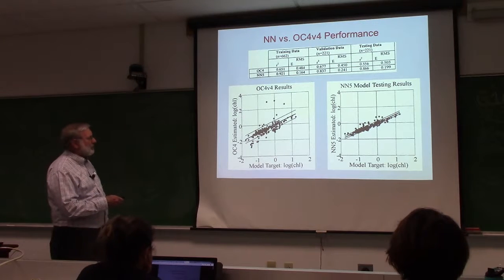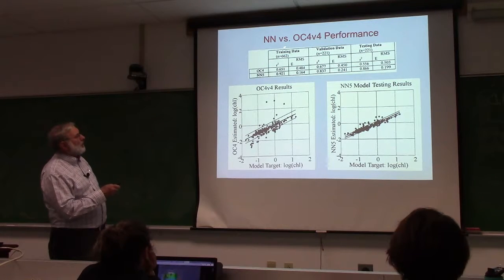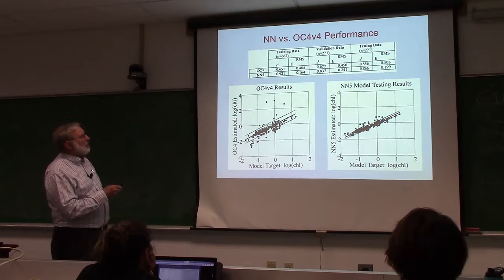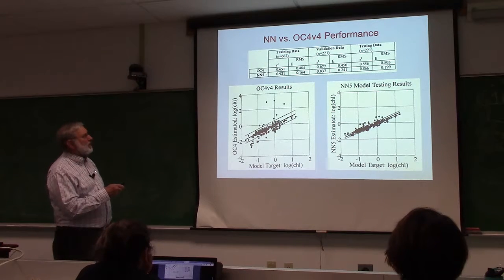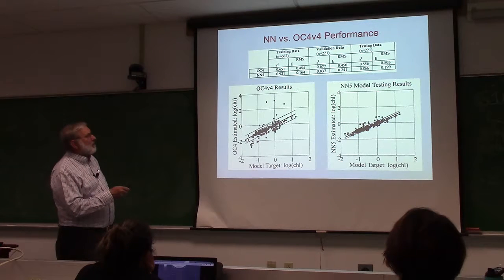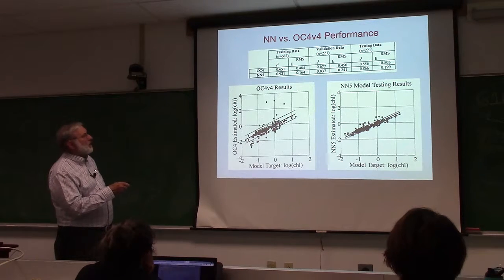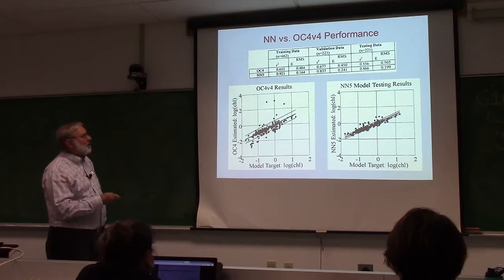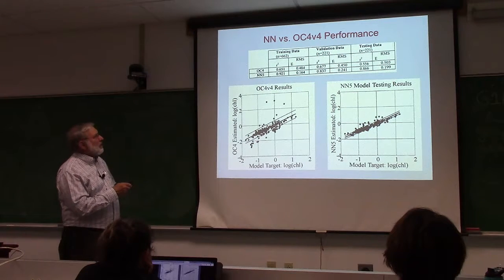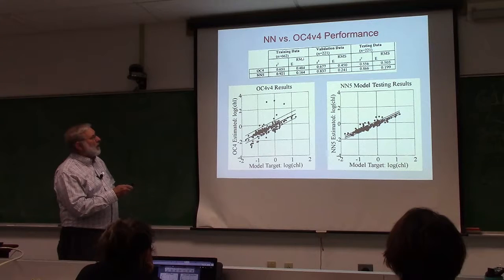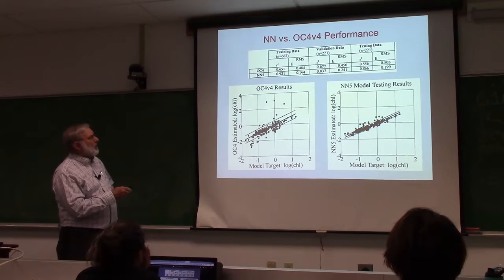Okay, so now they took their training data. With the OC4 algorithm, they feed all those spectra into it, and they get an RMS error of about 0.48. That's on chlorophyll in milligrams per cubic meter. And then for the neural network, the RMS error was about 0.16.